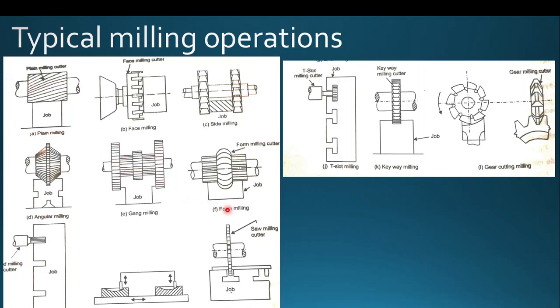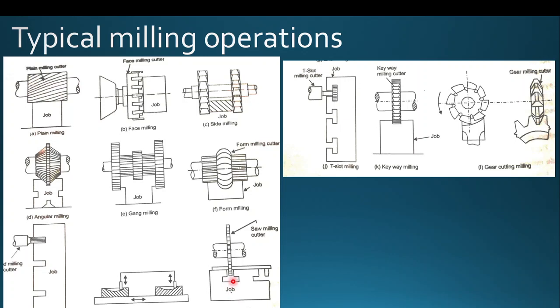And in the case of form milling, profile-like curvatures can be produced by means of the form milling cutter. End milling is generally used to produce slot ways. This kind of operation can be used for machining the bedways of the shaper and the planer machines, planer tables. And profile milling is to prepare curvature-like slots in the workpiece.